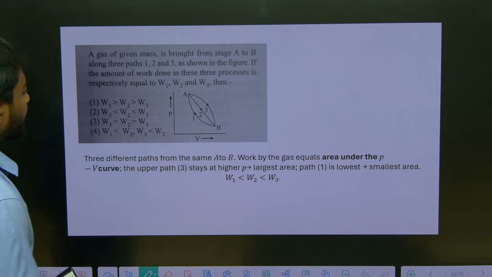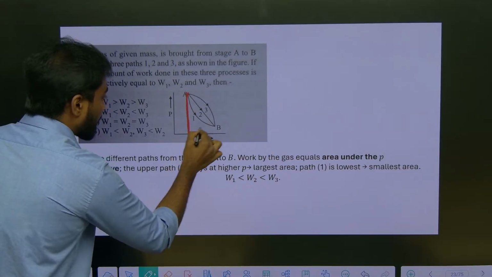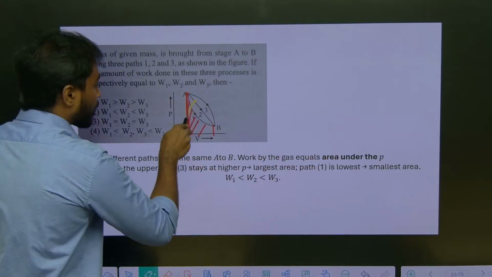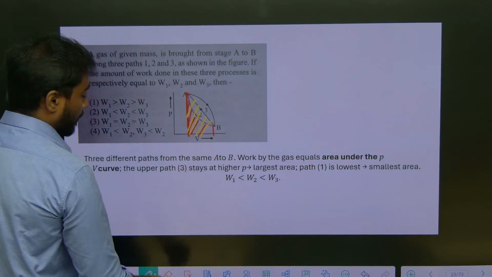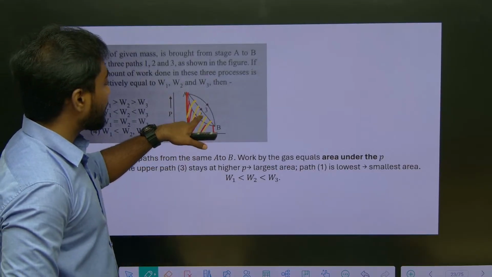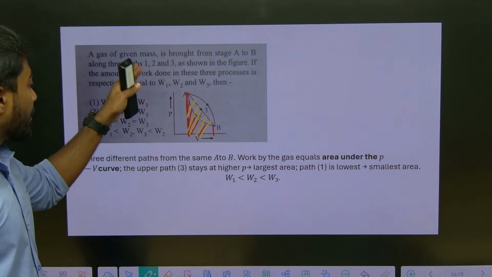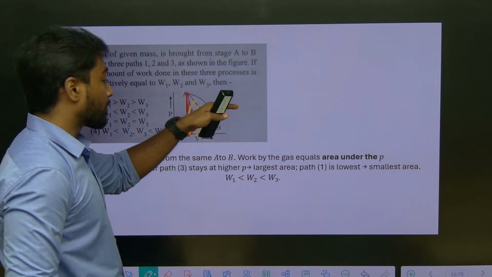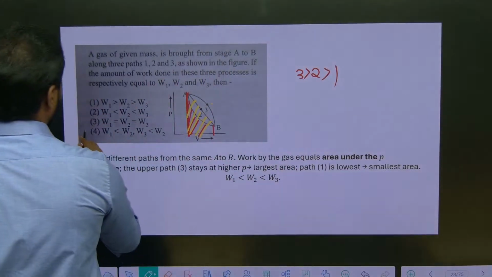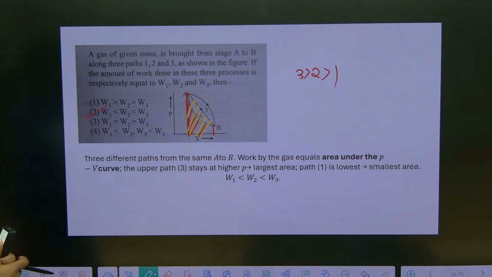So let me take the area of the first one, then the area of the second one, and next the area of the third one. The third one is greater, the second one is less than the third one, and the first one is less than the second. So 3 will be greater than 2, which will be greater than 1. Option 2 is the correct answer.